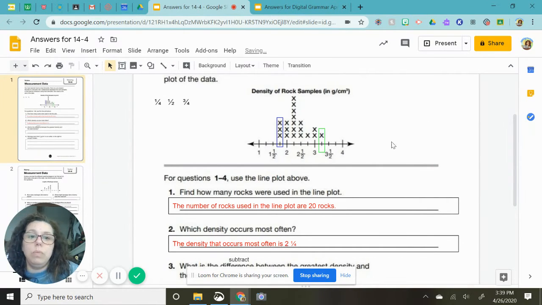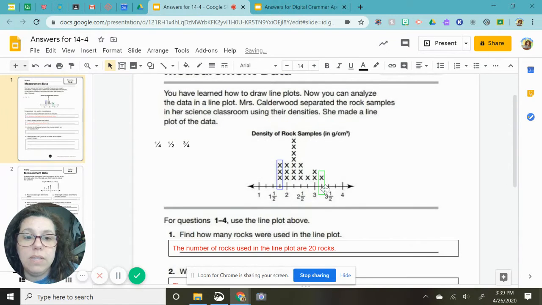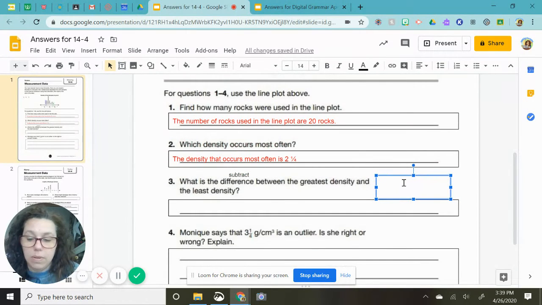Okay, so in order to subtract, I need to figure out what these are. This is 3 1/4 minus 1 3/4. Let me write that problem over to the side here. The problem is 3 1/4 minus 1 3/4.